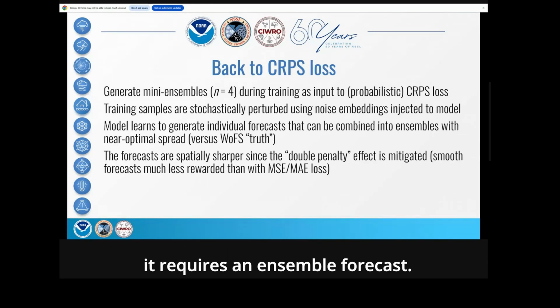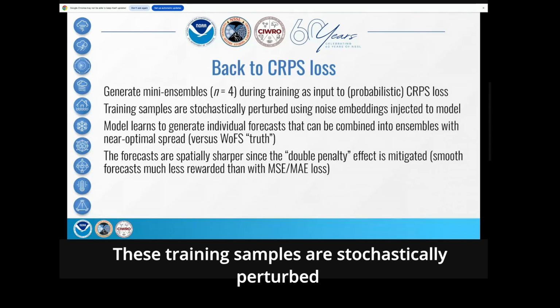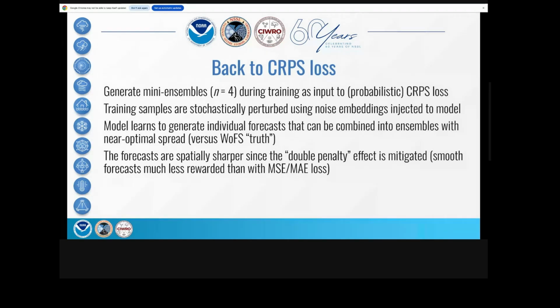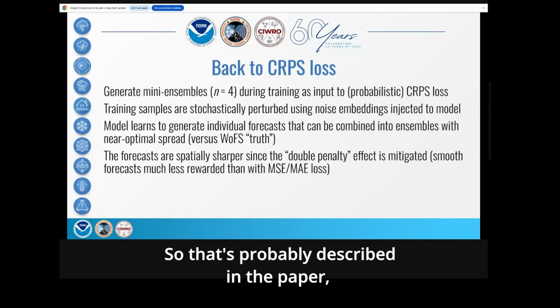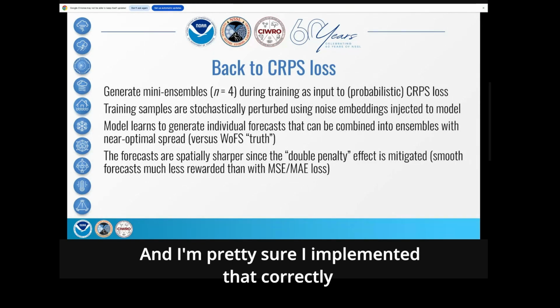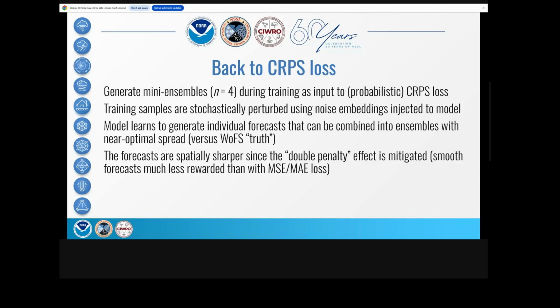It requires an ensemble forecast. These training samples are stochastically perturbed using noise embeddings injected into the model. That's partly described in the paper, but I had to dig into the Anemoi code to see exactly how that was done. And I'm pretty sure I've implemented that correctly with WoFSCast.